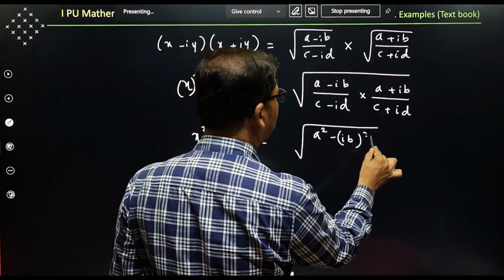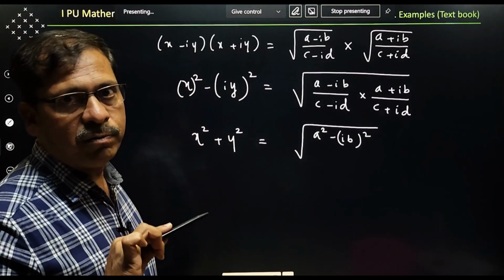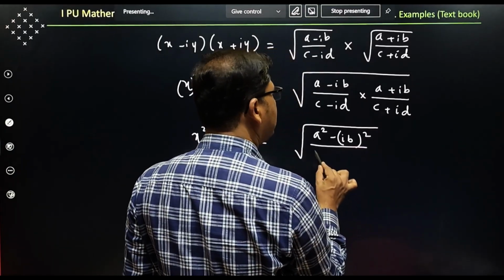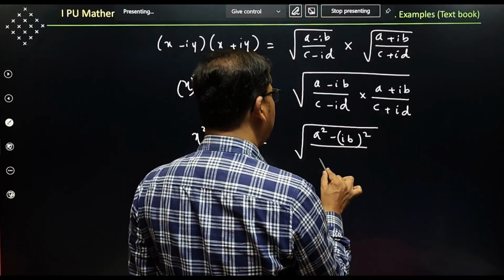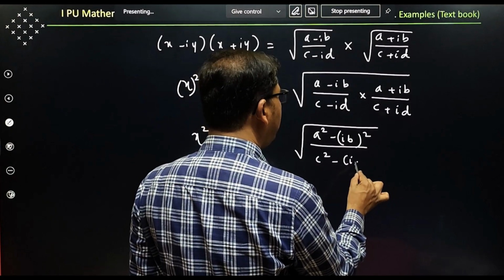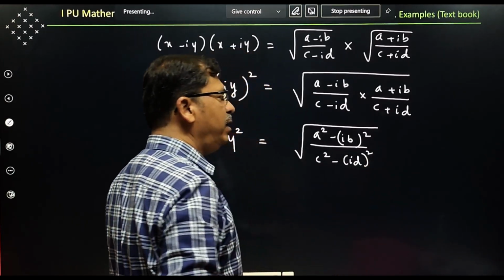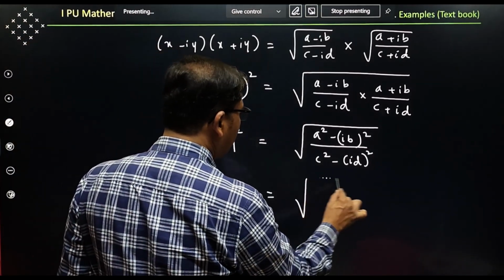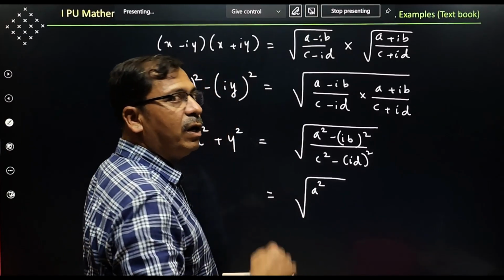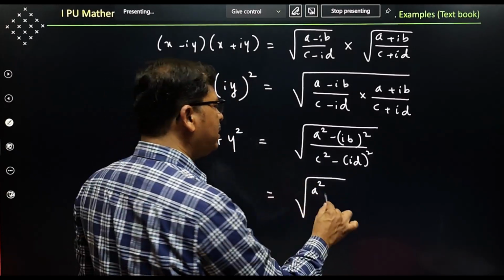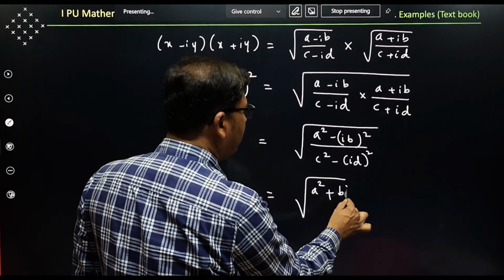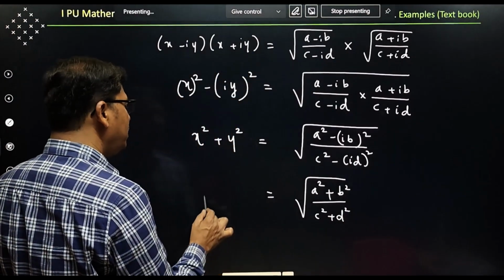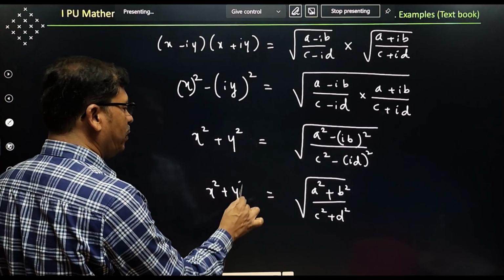You see the terms carefully. a minus ib into a plus ib is equal to a square minus b square, divided by c minus id into c plus id, that is c square minus id bracket square. So this is equal to under root a square, i square is -1, minus into minus, plus b square divided by c square plus d square. This is what x square plus y square is equal to.